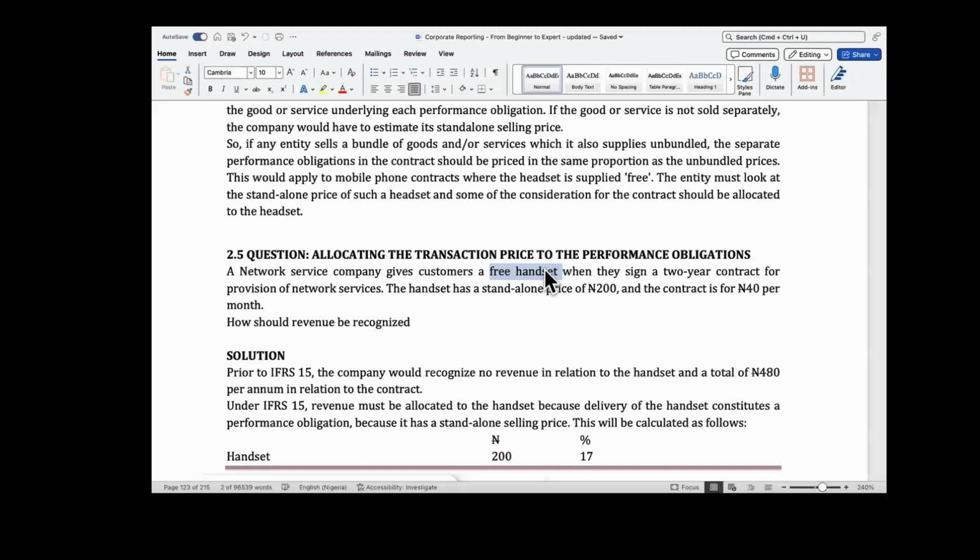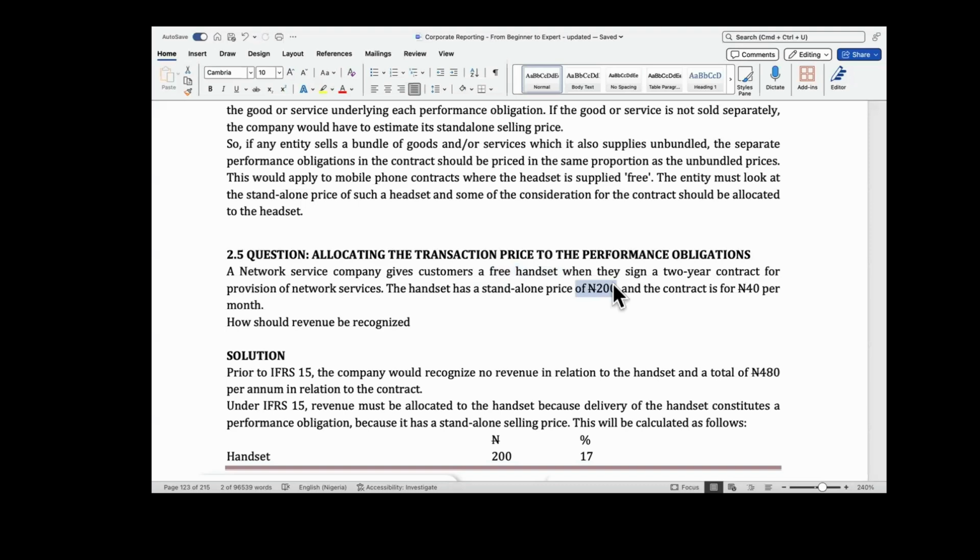So it should be treated as a performance obligation, even though the company is not charging, it's free. While the 2-year contract that the customer will pay 40 naira for, that one is clear. And they told us the standalone selling price, that if they were to charge for this handset, they would have sold it for 200. Unfortunately, they are not selling.